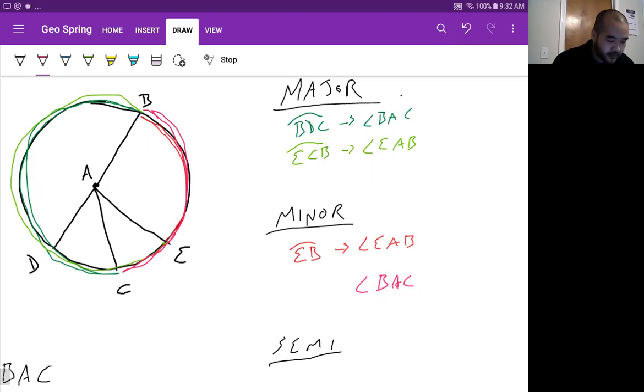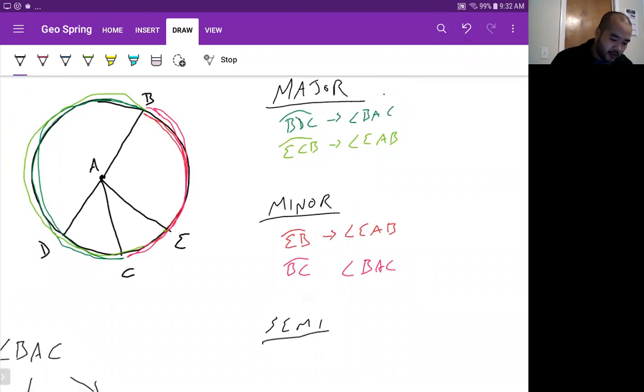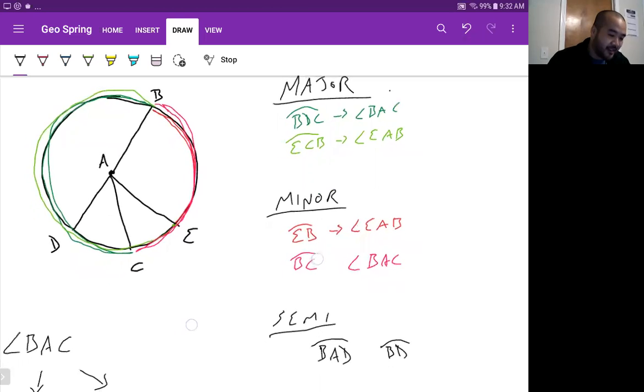That's your minor arc, so we just call it BC. So those are pretty straightforward, I think. Your semicircle is BAD. I mean, you could call it BD also, because to get from B to D, it's going to be that. So, yeah.